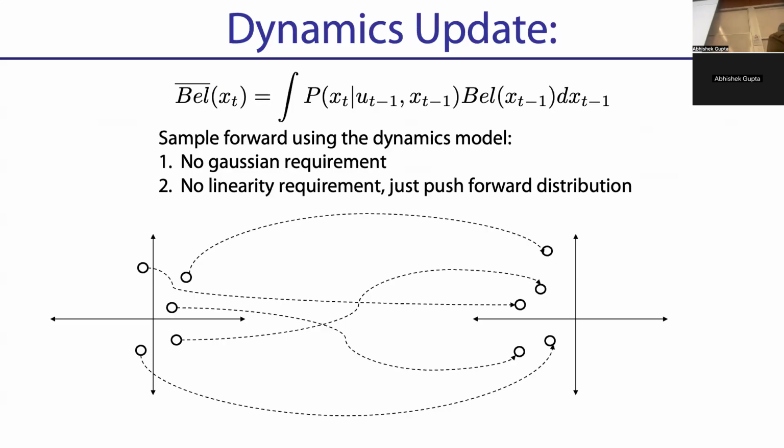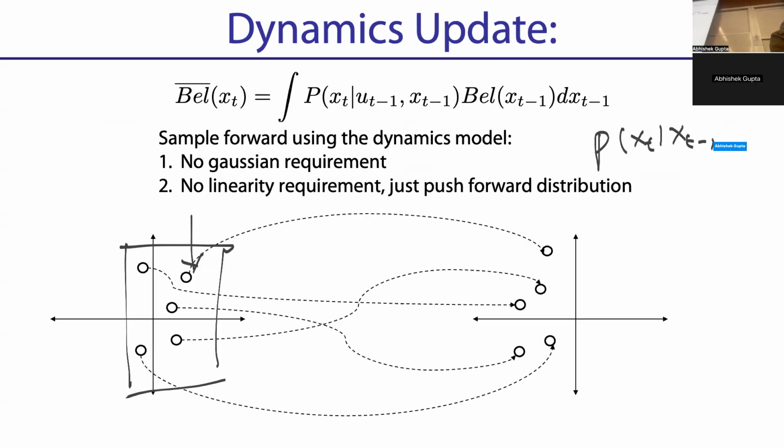So imagine that your belief at time step t was this set of particles. The way to propagate it to the next time step is to pretend that my state was exactly this particular state, and then take my dynamics model, this thingy, and just stick that value into x_{t-1} and the actual action that I took.